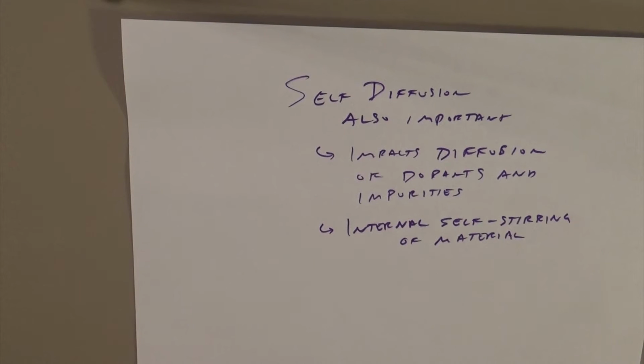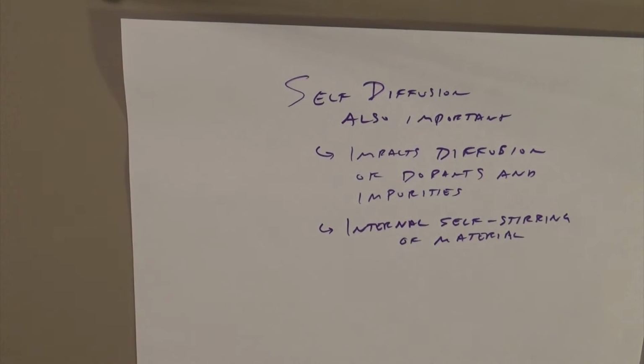And this was typically studied by using isotopes. So you would take isotopically pure silicon. Isotopes are where you're changing the mass; you have a different number of neutrons, so you can get different isotopes of your elements.